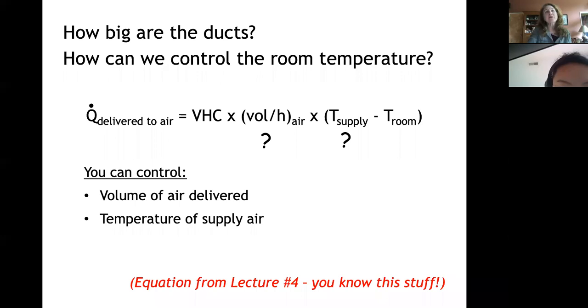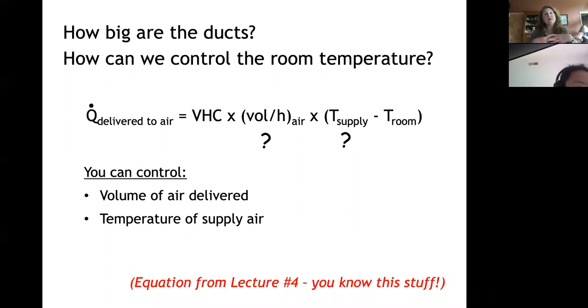So those ducts can be huge. How do we know how big they are? How do we control the room temperature? The basic principle of doing this is something you guys already know. You've already done this, and there's a good example that this equation would be on the final exam somewhere. It's basic stuff you already know how to do.